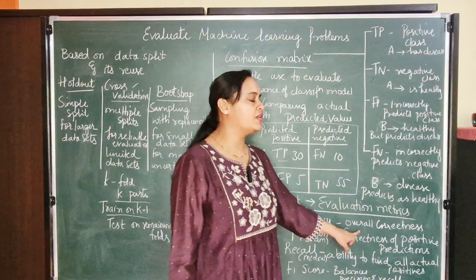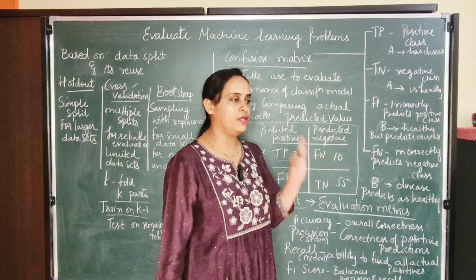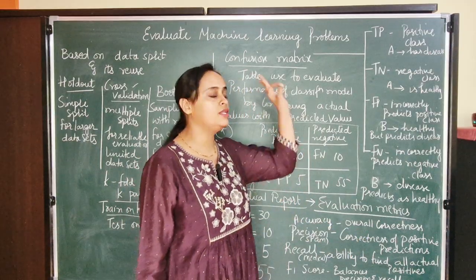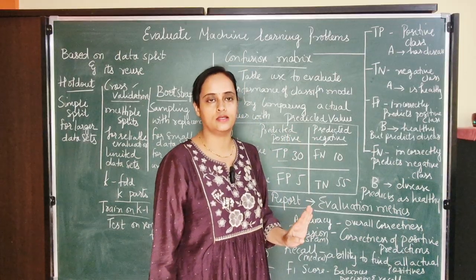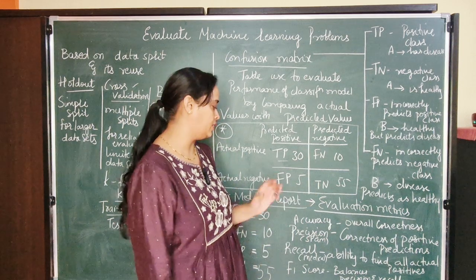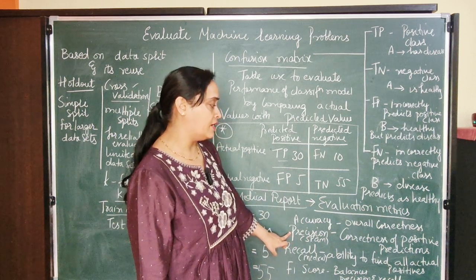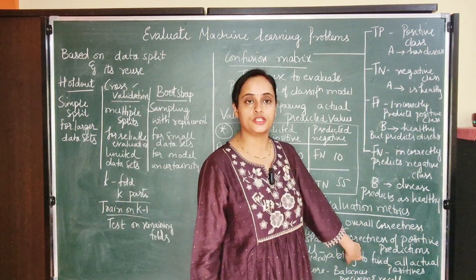Accuracy is overall correctness, meaning how many predictions, including actually diseased people identified as diseased, were correct. Precision is the correctness of positive predictions.